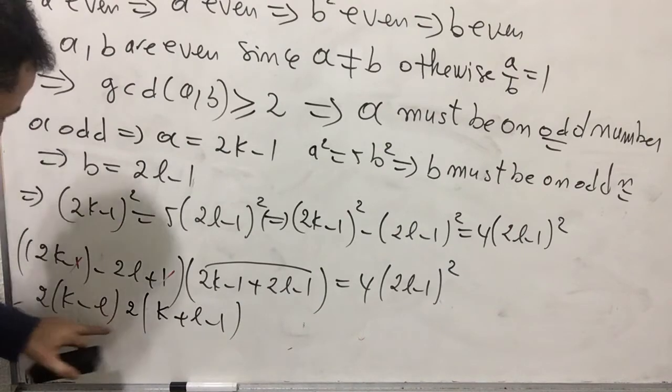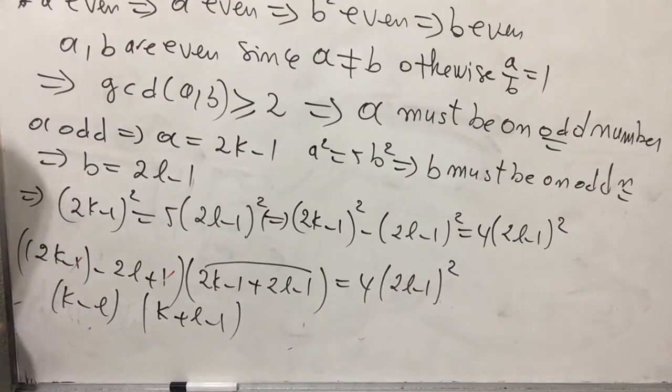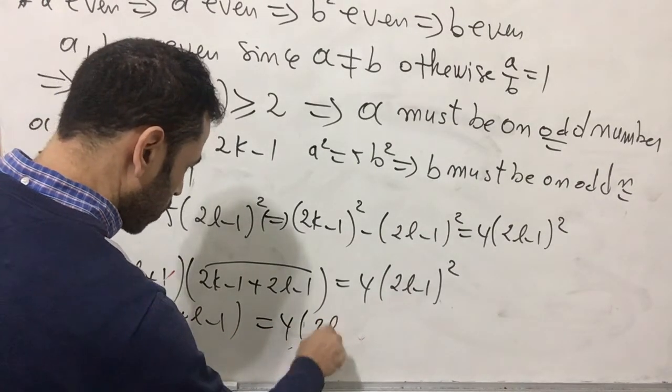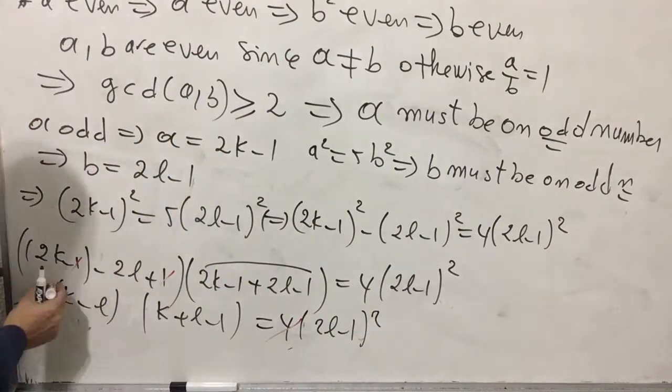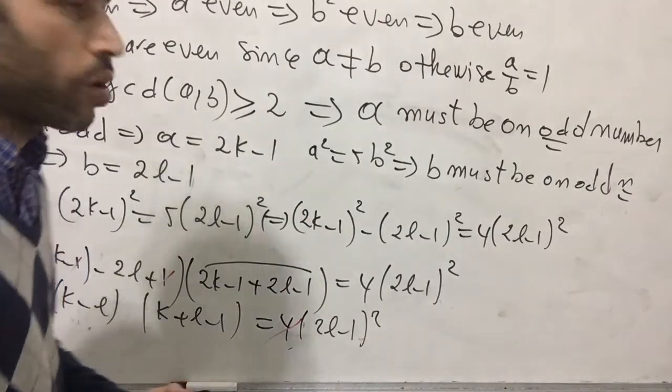With this, the number 2 multiplied by 2 is giving us 4 times. So I can put 4 times here, and with this 4 times (2l minus 1) square, the number 4 will be cancelled out. I'm going to bring this one to the top and continue with our problem.